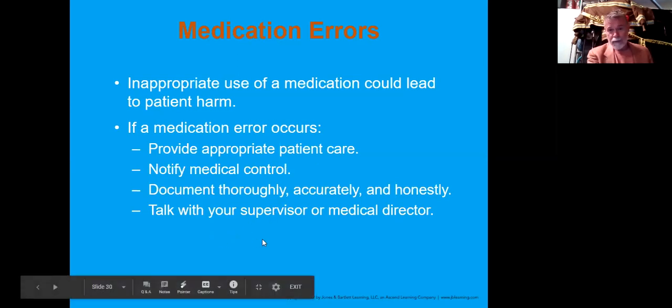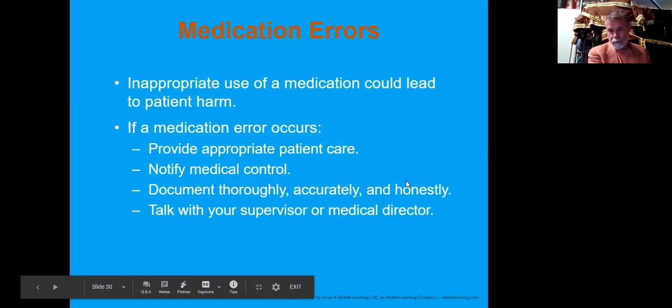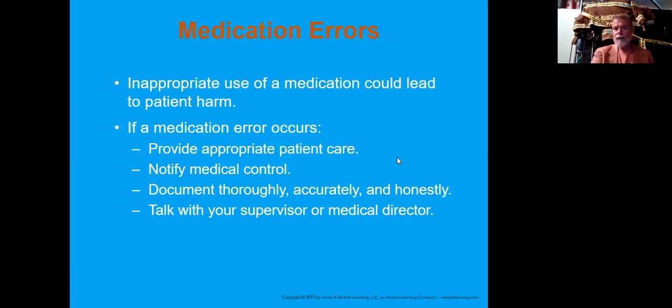Be honest with it. You have to be honest with any mistake that you made. Mistakes happen, right? It's going to happen. But it's your honesty which is going to go a long way in how this is dealt with. And of course, obviously working to find some type of antidote for the patient if there is such a thing available. So this is a quick overview of pharmacology and the medications.